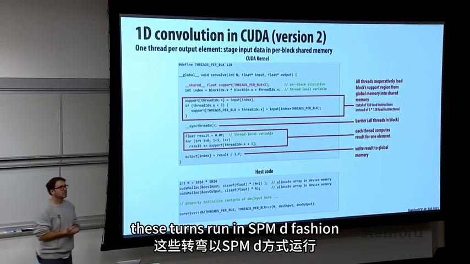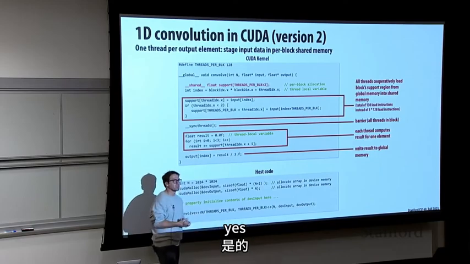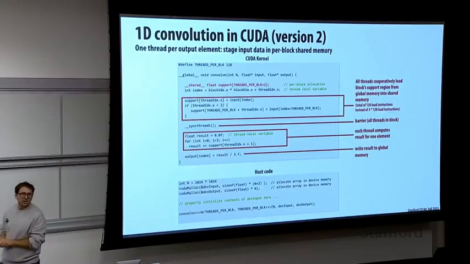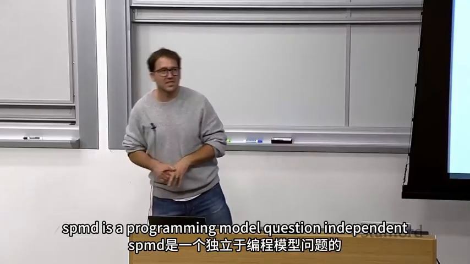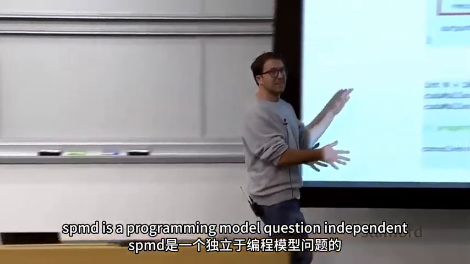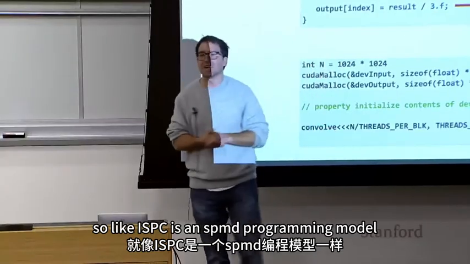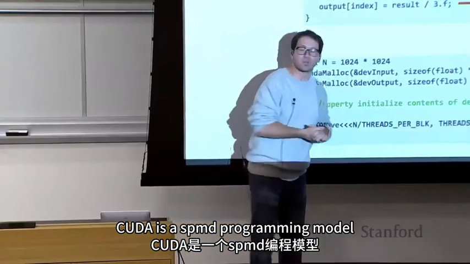Yes, sir? These threads run in SPMD fashion, right? This CUDA code is SPMD, yes. The GPU will try to look for instructions that are the same across threads and run them together. SPMD, you're confusing with SIMD. SPMD is a programming model question independent of the implementation. ISPC is an SPMD programming model. CUDA is an SPMD programming model.